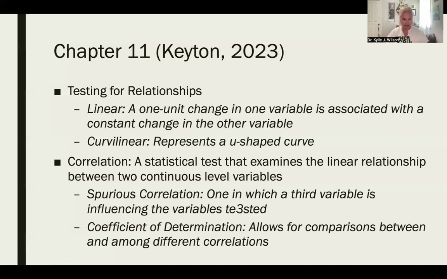So spurious correlations, these are kind of my favorite. Oh goodness, what was the example? Oh, ice cream sales and murder, right? Or crime rates and Mother's Day. As Mother's Day continues on, crime rates decrease.